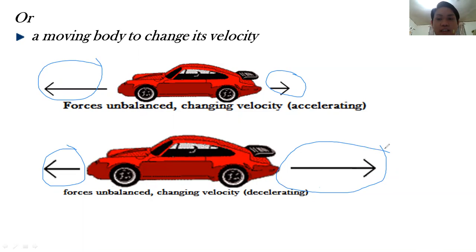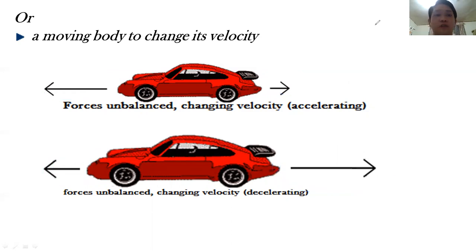So, as you can see, the backward force is greater than the forward force. Again, this still shows the forces are unbalanced, and there is still a change in velocity, but this time it is not accelerating, but decelerating. Why? Because the backward force is greater than the forward force, and it shows deceleration. Okay? So that is the cause of unbalanced forces.